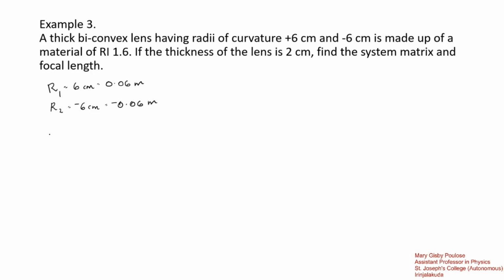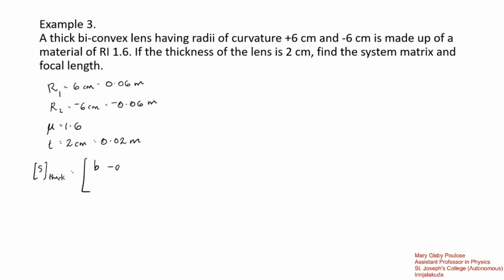The refractive index of the lens mu is given as 1.6, so it must be a lens made of flint glass. And the thickness of the lens is mentioned as 2 centimeters, that is 0.02 meters. Okay.